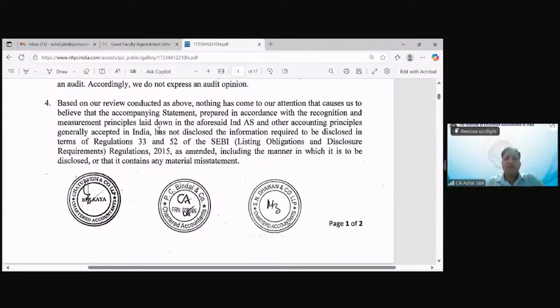Okay, so auditor is simply saying that as far as our understanding is concerned, nothing has come to our attention due to which we can say there is a mistake. So auditor is not saying that we confirm there is no misstatement. So it's a negative language auditor is using. Okay.